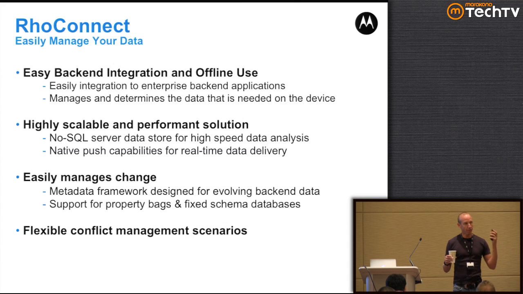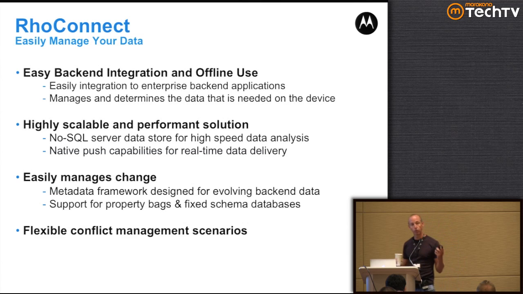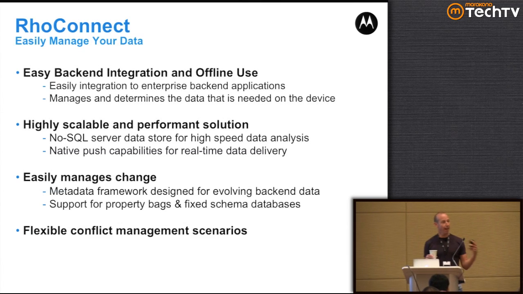In mobile software there's something running here on the edge, and it's always been an issue that as things change on the server, it breaks clients. That's true if you have a fixed schema. If you use a property bag, which is what we enable by default, you don't have that issue. As new attributes appear on the server, they can just get delivered to the client in this property bag model, which we use by default.